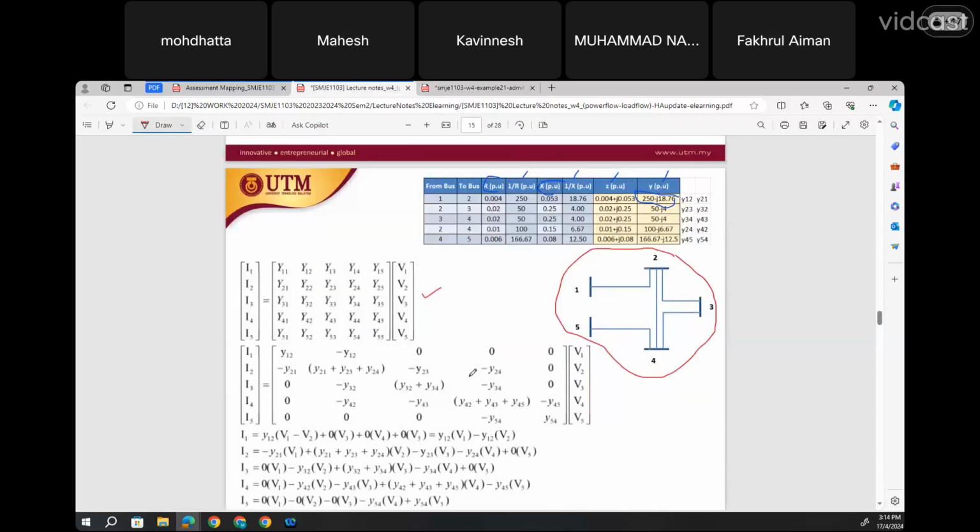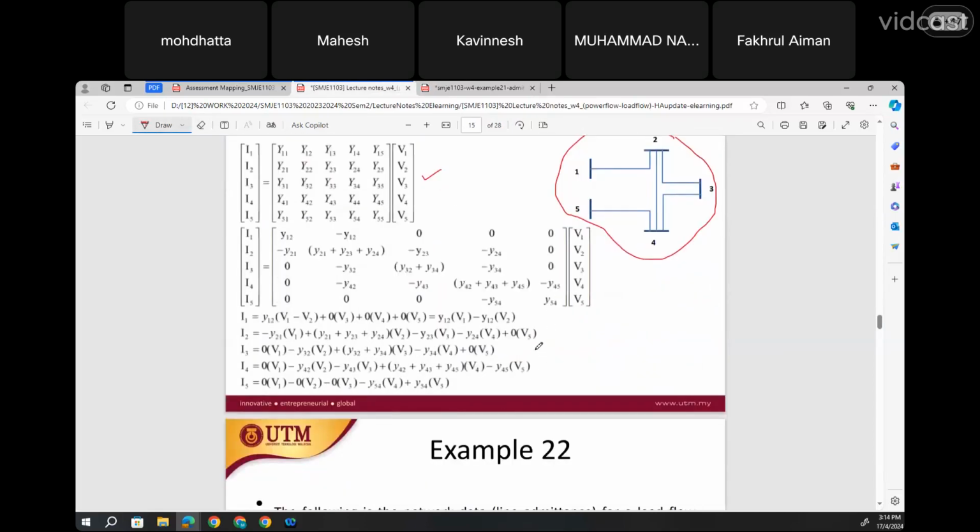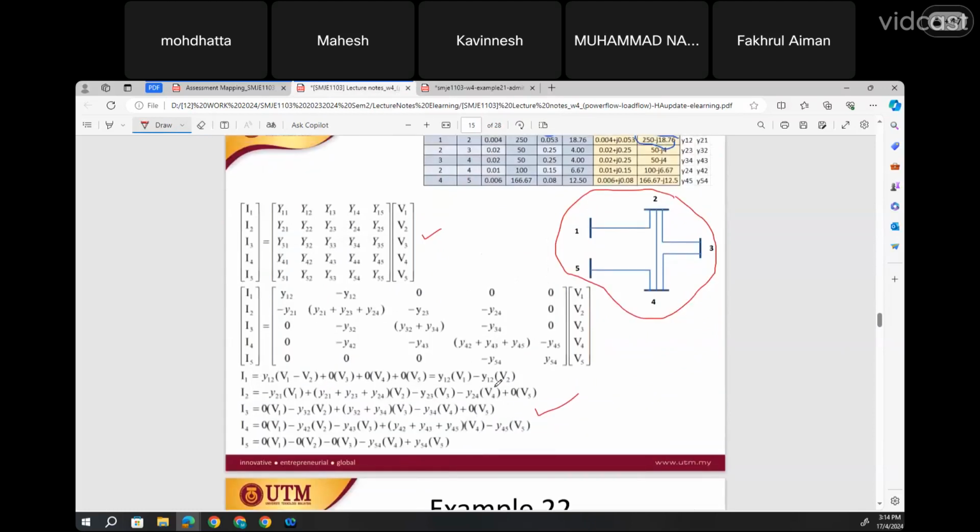All right, now once you have your equation like this, it's time to put it into your admittance matrix. And this is the admittance matrix that you form based on the equation that you have over here. I'm not going to get into how to form these matrices.